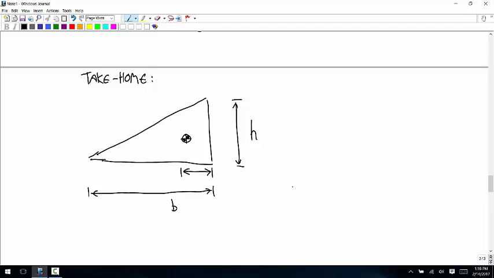What we saw was that this distance is 2/3 B, and that means this distance has to be B over 3, the one that I drew here. So this is B over 3 from the centroid to the end. And then the y component, we got that this distance is H over 3.